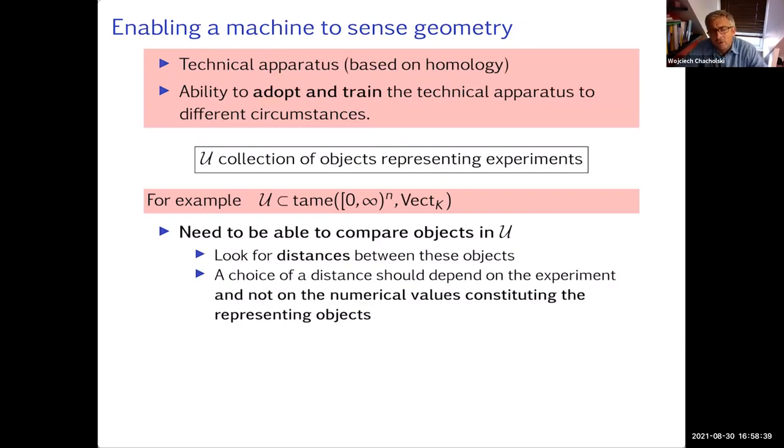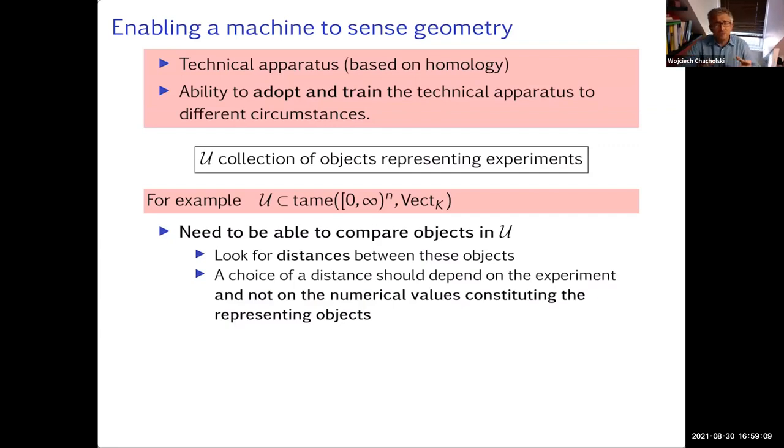Okay, so we should not just stick to bottleneck or Wasserstein distances on persistent modules. The choice of these distances should depend on the experiments. Okay. So, all right, you choose such a distance, possibly talking with a data provider, with a biologist or a person from a company of industrial production.